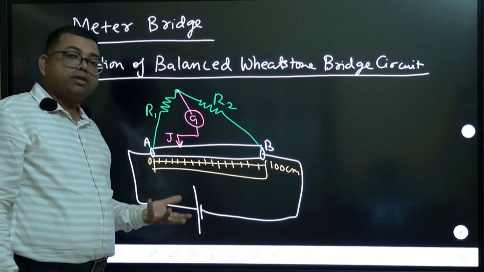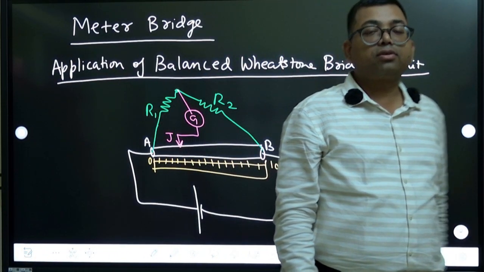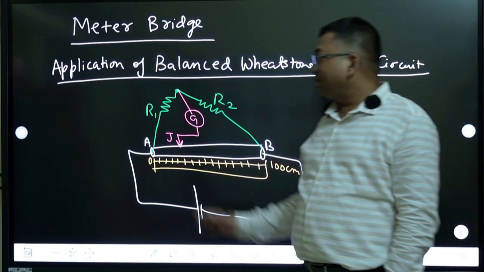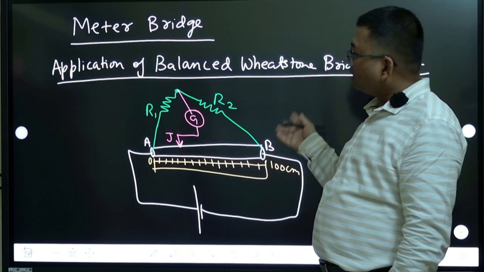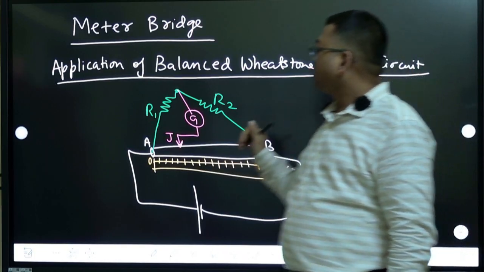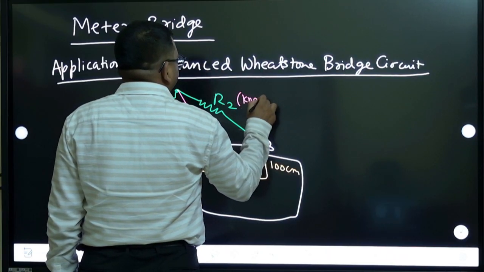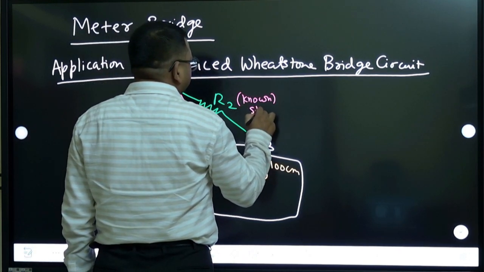In the textbooks they have complicated diagrams. In NCERT, the diagram itself is difficult to understand. They are not presenting it clearly. So the idea is that two resistances are there. One of them is known, another is unknown. Let us say that this is the known resistance. You know its value, known resistance or standard resistance.